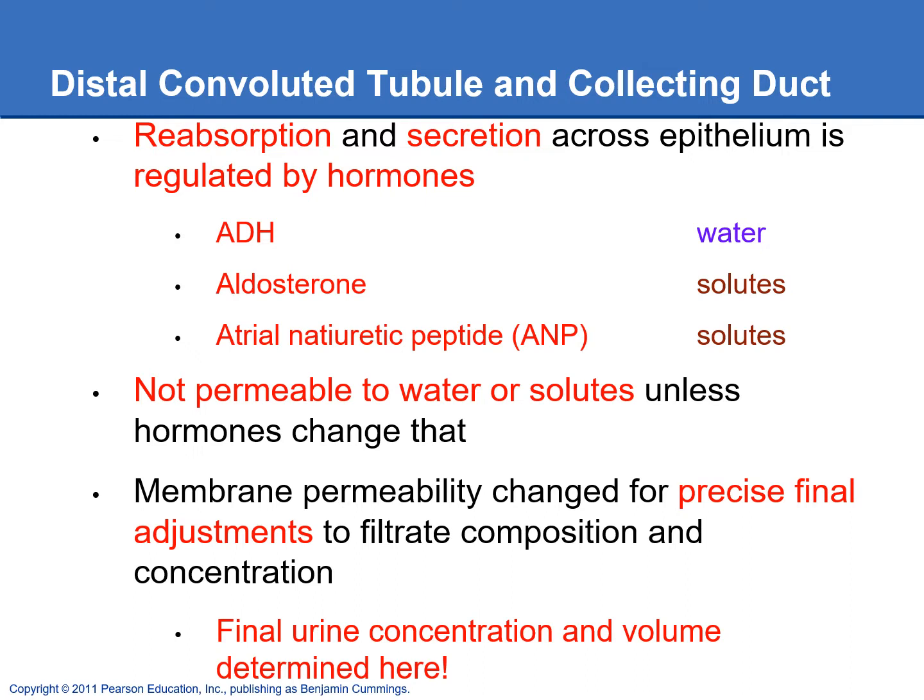So the distal convoluted tubule and collecting duct are not permeable to water or solutes unless hormones are there to change that. And so, as we said before, it's going to be really important to reabsorb that final up to 19% of the water, and that'll give you the final urine concentration and volume. So that'll be determined here.